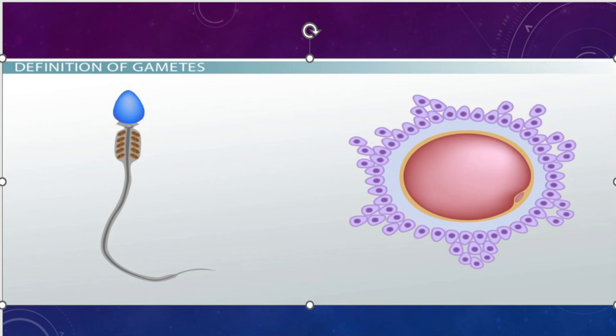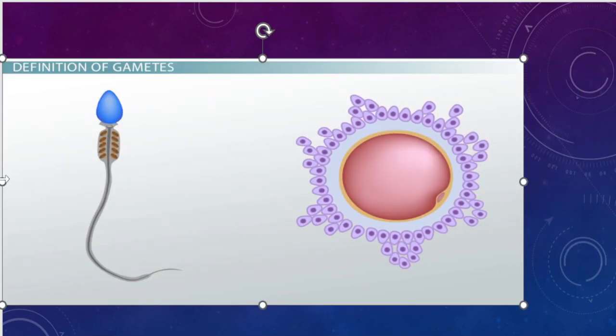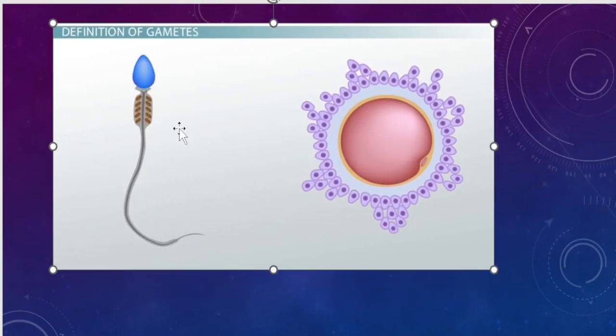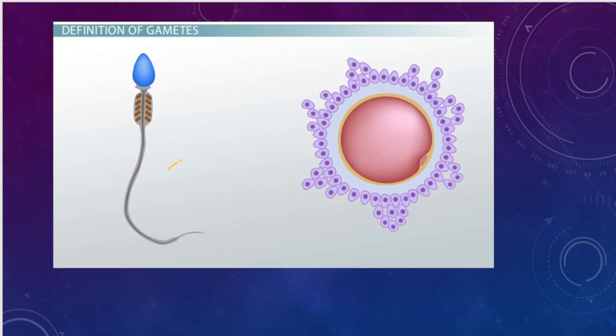The image on the right hand side is the egg, and the image on the left hand side is the sperm. These are known as gametes, which help in reproduction, in the production of a zygote, meaning another organism.